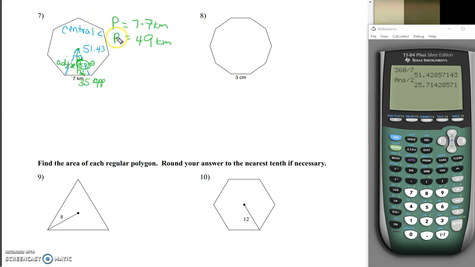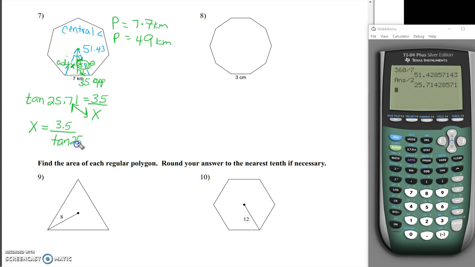So which trig function uses opposite and adjacent? Well, that's tangent. So tangent of 25.71 is going to equal my opposite, 3.5, over my adjacent x. And just as before, when I cross multiply and divide, these switch places. So x is equal to 3.5 divided by the tangent of 25.71.